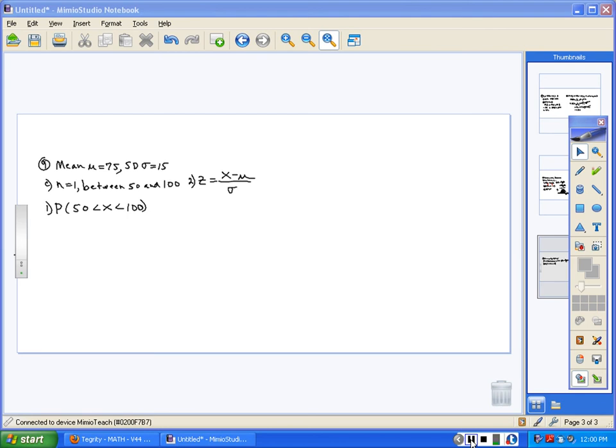And we're going to have to use the formula twice. The first time, we're going to convert the 50. So it's 50 minus 100 divided by 15. And that comes out to be negative 1.67.